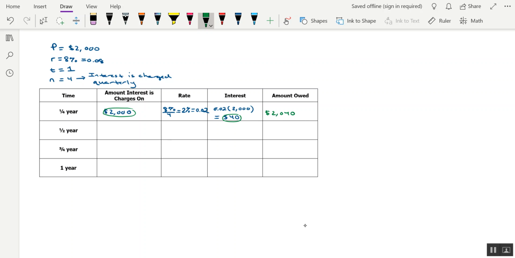Let's say another quarter year goes by, in which case interest is going to be charged again. This time the interest isn't going to be charged on the original principal of $2,000, but rather it's going to be charged on the amount that we owed after the first quarter year. In other words, interest is going to be charged on the $2,040.